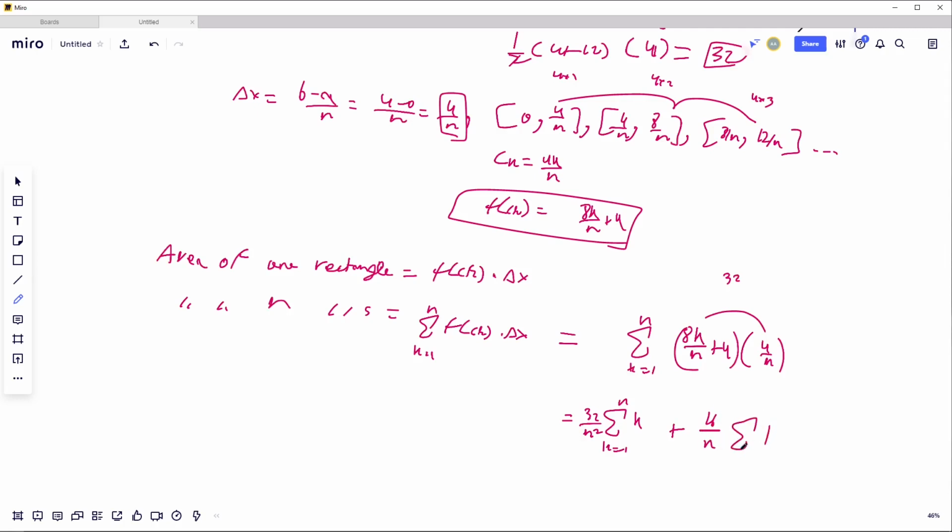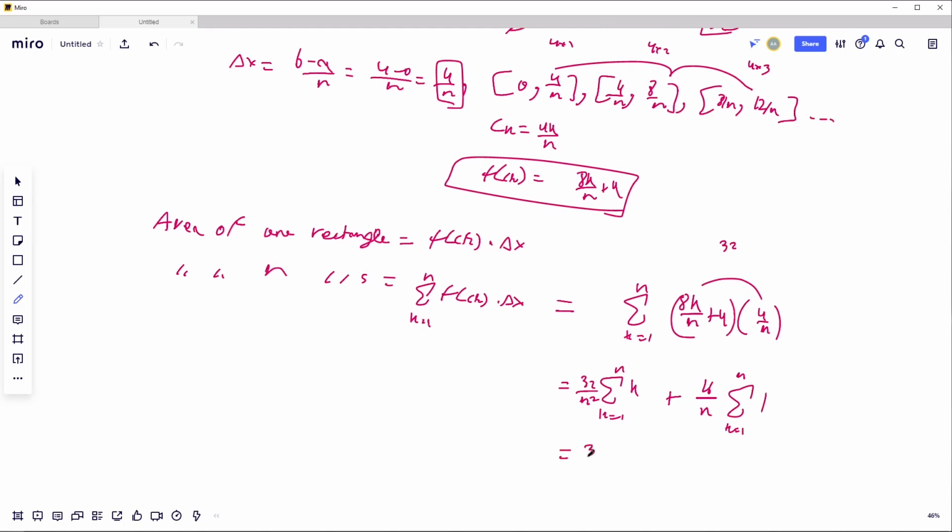Summation, nothing stays, so 1. So k from 1 till n of 1, summation of 1. And with that, 32 over n squared, the summation for this one will be n times n plus 1 over 2, plus 16 over n times n.